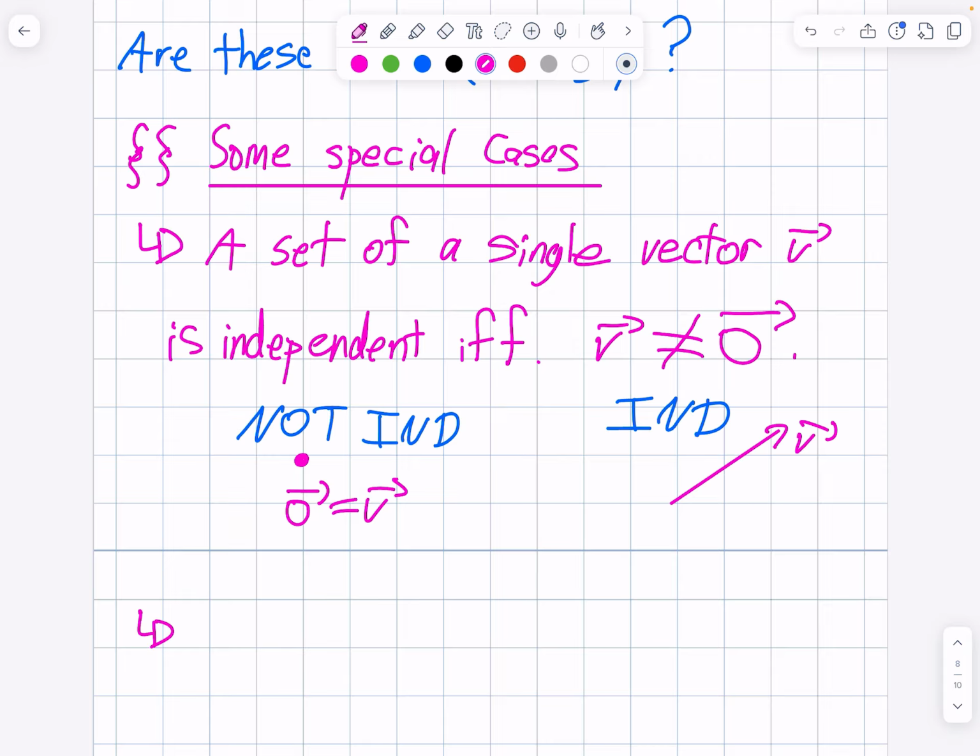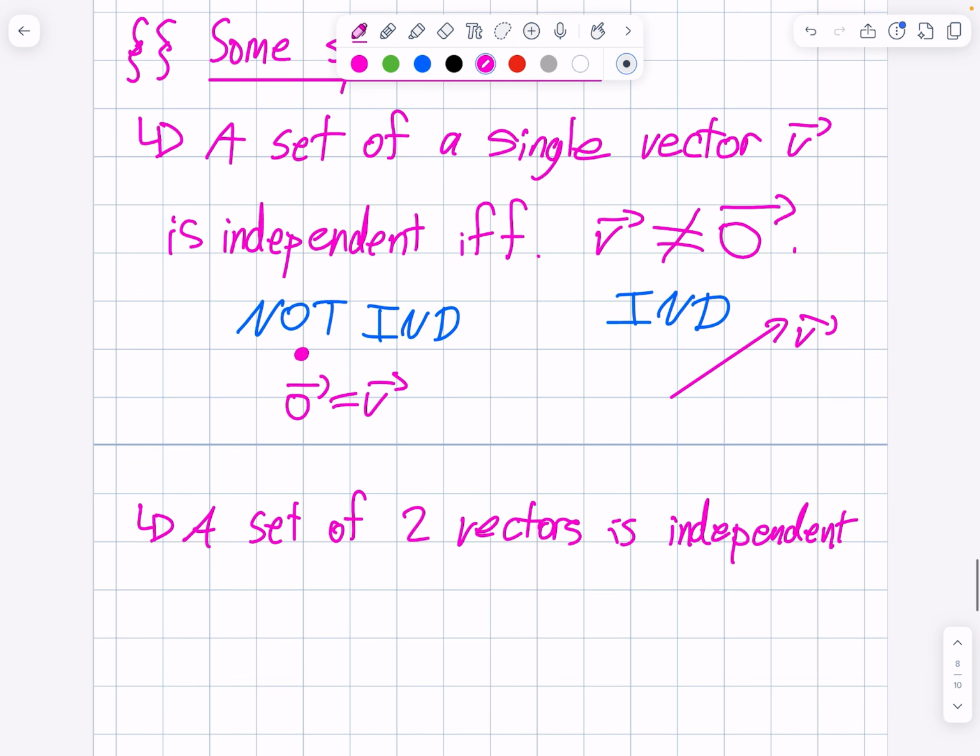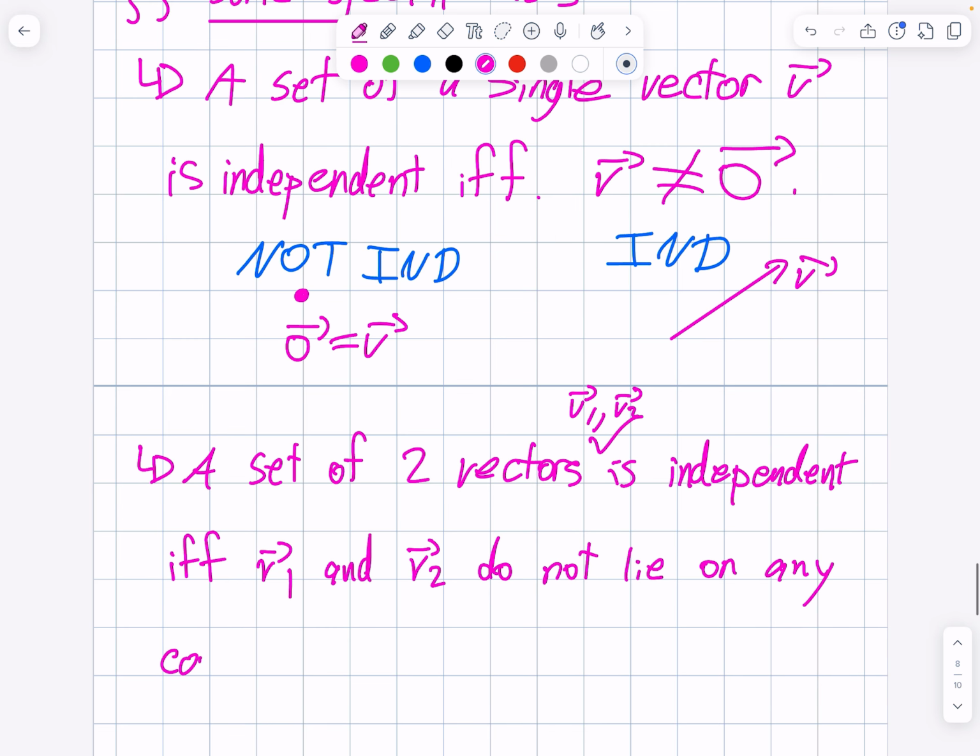Now let's look at the case of two vectors. A set of two vectors, v1 and v2, is independent if and only if v1 and v2 do not lie on any common line through the origin.